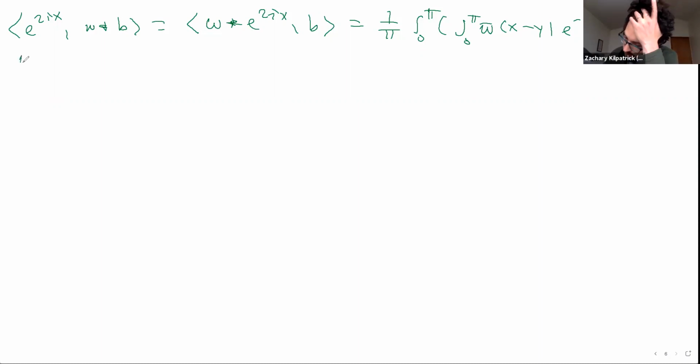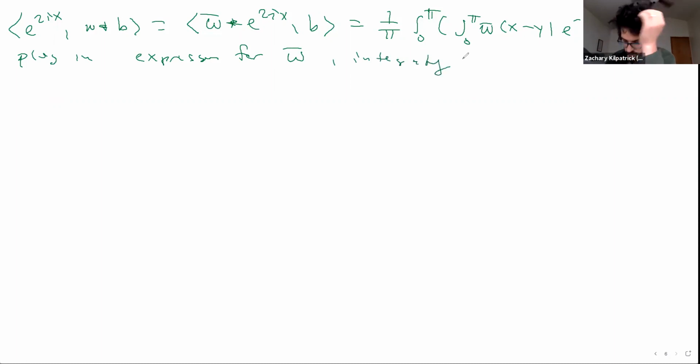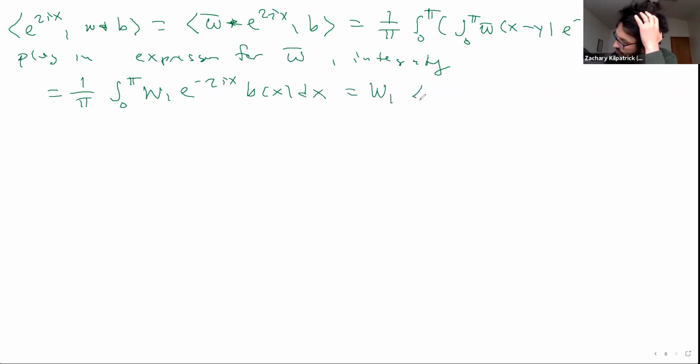And plugging in the expression for w bar, and integrating, what we end up with at the end of the day is that we just have 1 over pi integral from 0 to pi w1 e to the minus 2ix b of x dx, which is w1 e to the 2ix b.